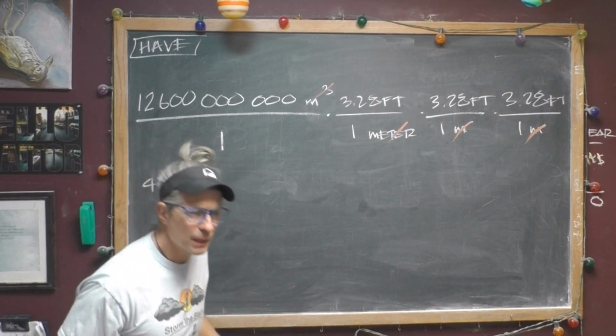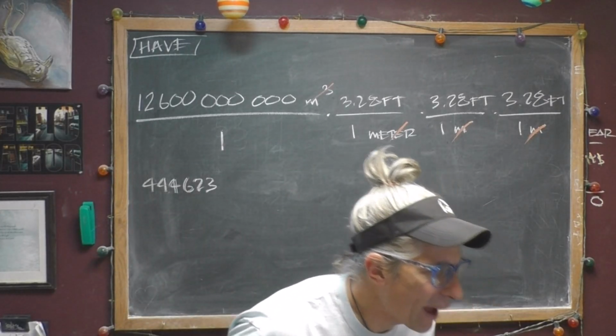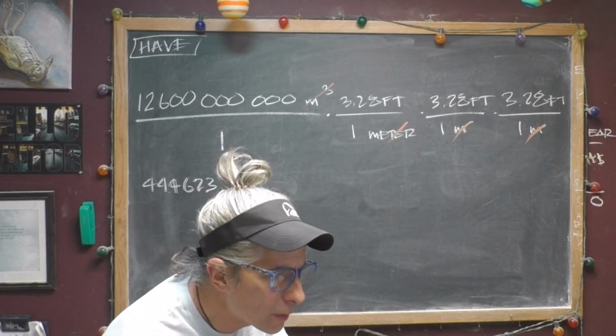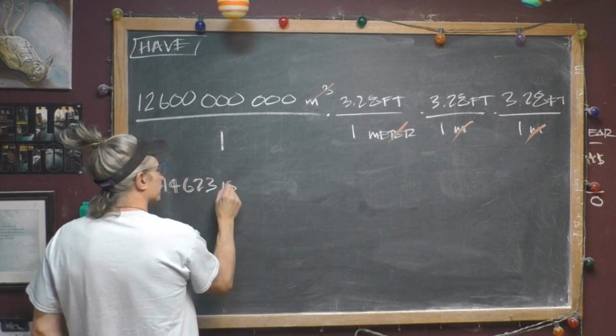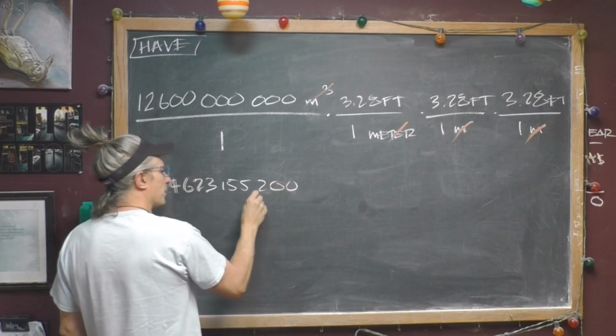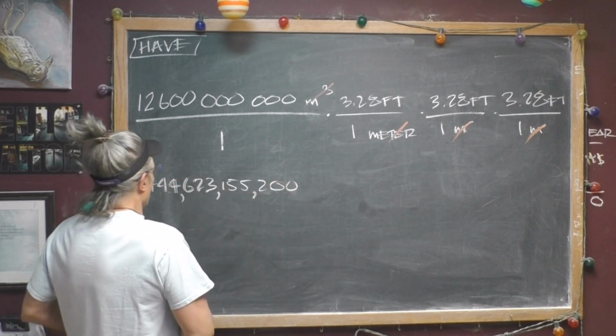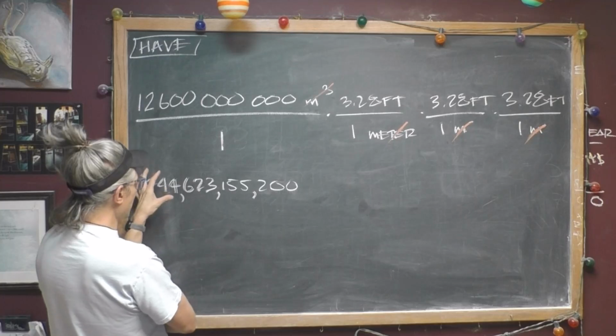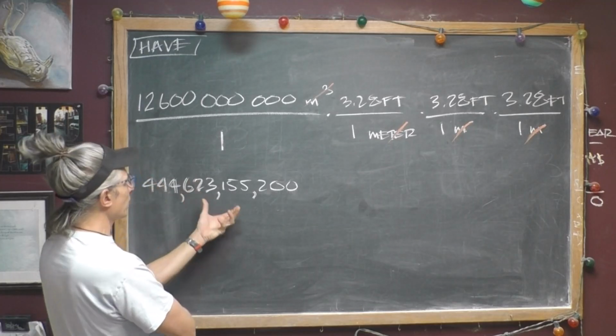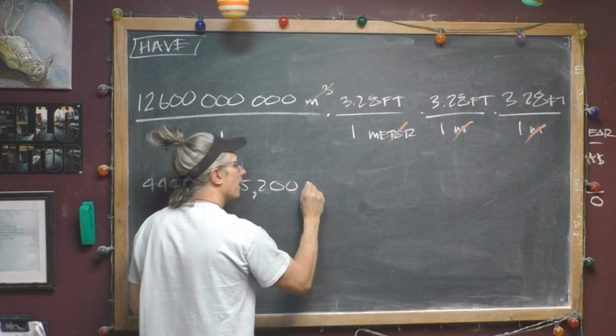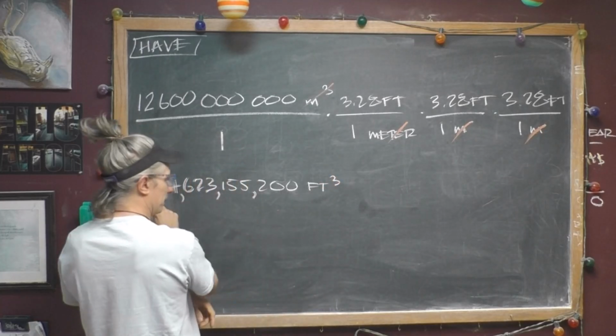Sorry about the chalk. I'm going to put the commas back in so I can deal with this. So that's 444,623,155,200 cubic feet.